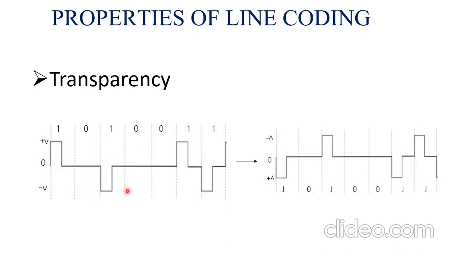If I change the polarity, now +1 was changed to -1 and -1 is changed to +1. So both signals are signaling the same data. So now I can say AMI or bipolar is invariant to polarity inversion. So these are the properties of line coding technique.